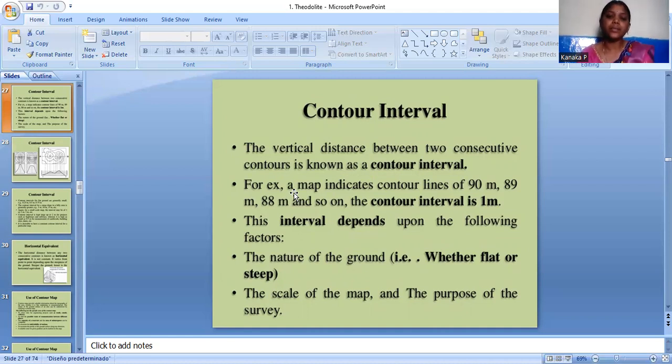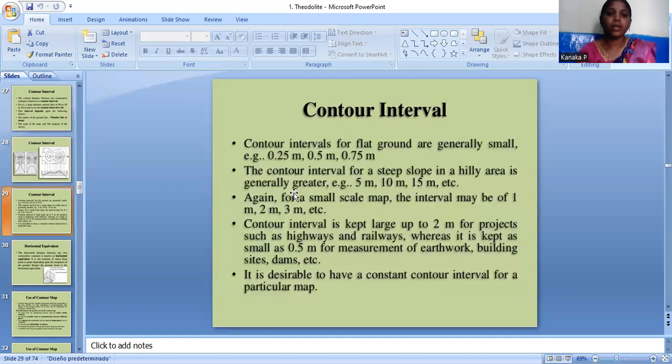The interval depends upon the nature of the ground, flat or steep, the scale of the map, and the purpose of the survey. For flat ground the intervals are generally small, for example 0.4 meter, 0.5 meter, 0.75 meter. For steep slopes in hilly areas the interval is generally greater, 5 meter, 10 meter, 15 meter.